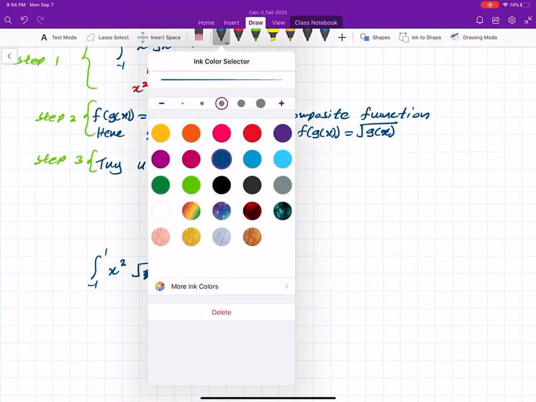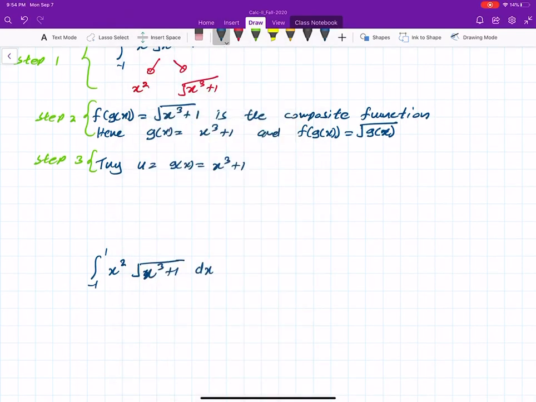Right, so u here is x to the power 3 plus 1. So you differentiate u with respect to x. That is 3x squared. All right, now you solve this for dx. Then you get du over 3x squared.